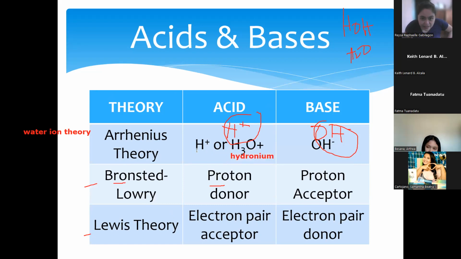Okay. Again, H plus is hydrogen ion. H3O plus is hydronium ion. That is formed if water molecule reacts with another water molecule. But nevertheless, if merong either hydrogen or hydronium ion, that is considered an acid. Okay? So again, going back to the Bronsted-Lowry theory, Bronsted for proton.